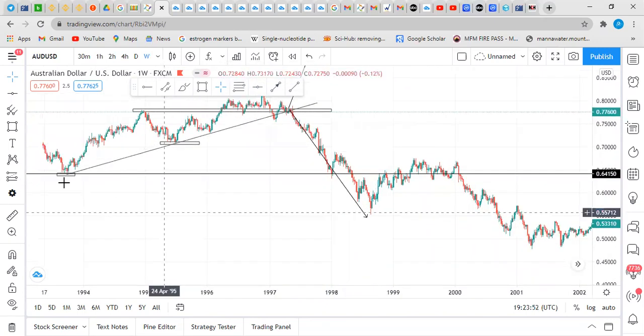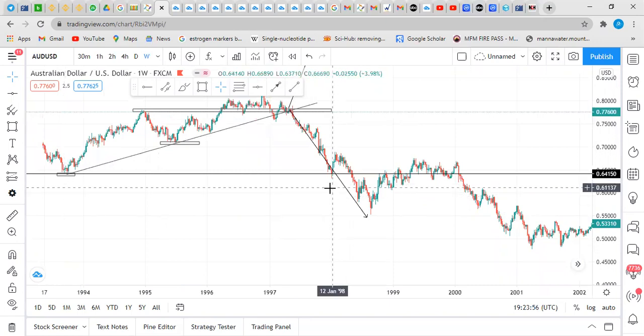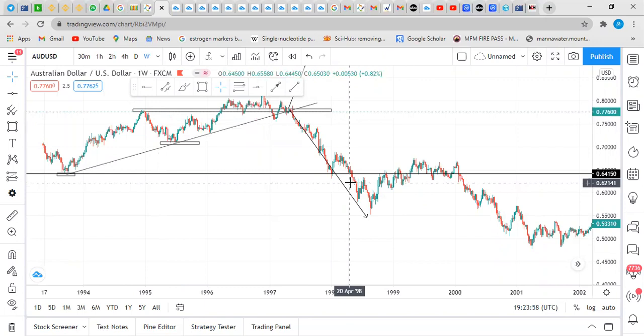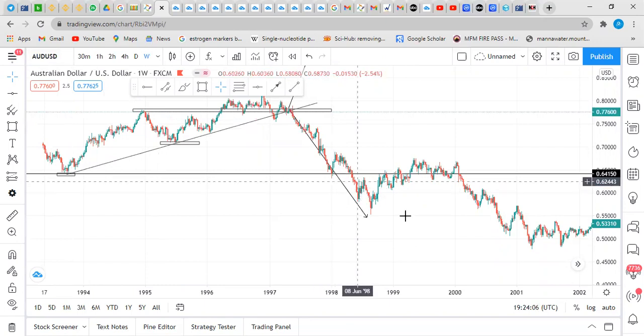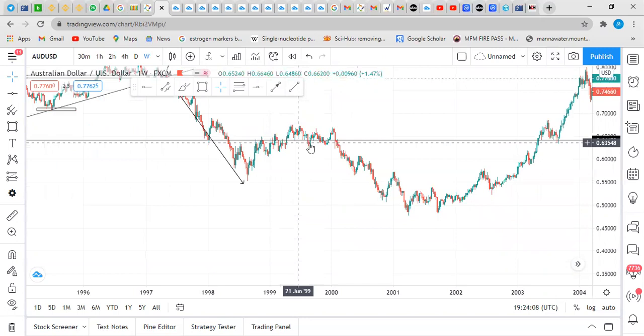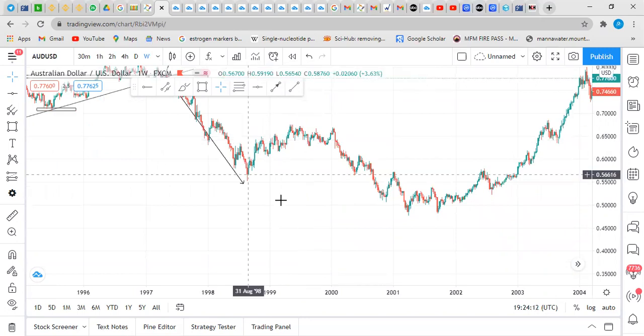That was in 1993. So in 1998, in 1998, May 1998. So Australian dollar experienced a big drop down, and we can see price keep pushing down. So let's see what happens.